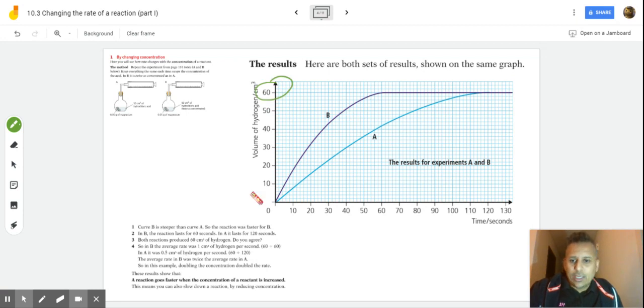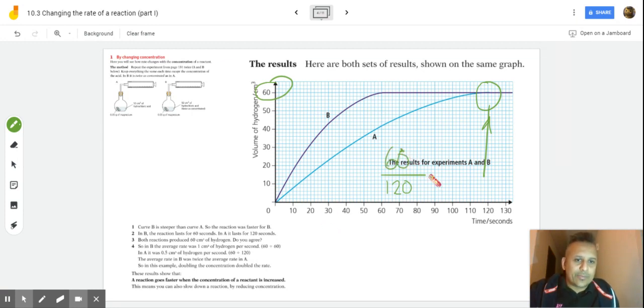So what we can deduce from this is, first and foremost, that both reactions produce 60 centimeters cubed of hydrogen. That's a given fact. And what we can also do is figure out the average rate. Because there is a curve and it's constantly decreasing in gradient, we can't say with surety, we can't compare the rates directly. But what we can do is say, after around the 120-second mark for experiment A, the time taken was 120 seconds, and the volume of hydrogen produced was 60 centimeters cubed.